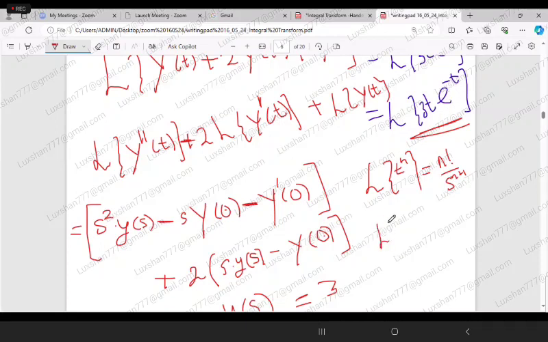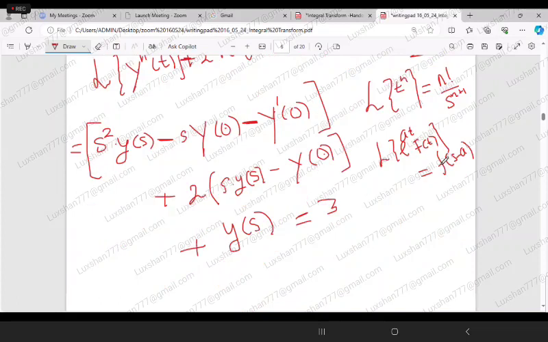So Laplace transform of e to the power at f(t) equal to F of s minus a. Therefore, s minus a, and here the value of n is 1. Therefore, we will get s squared, but minus 1. So this is equal to 1 over s minus 1 whole square.